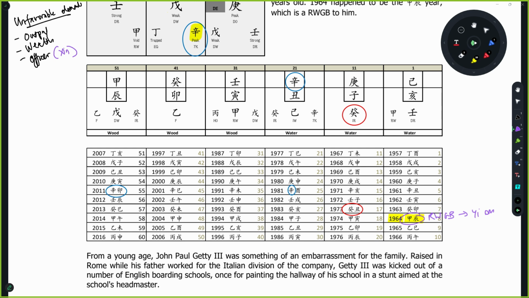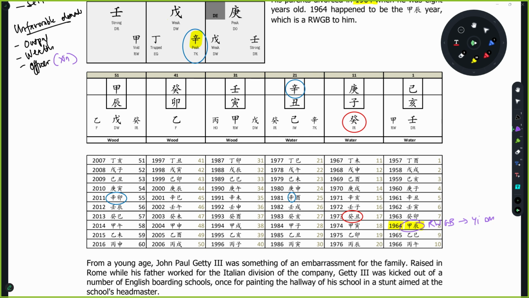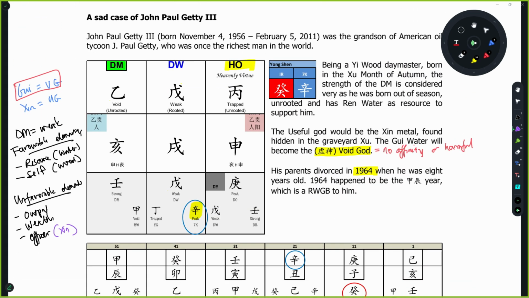And so the Rockwell good blade is one of the worst years amongst the 60 years. I mean, we have Fan Yin, we have Fu Yin, we have Rockwell good blade. These three are harmful pillars to the day master. And so the Rockwell good blade pillar on the dragon year is a year where the parents divorce. So for an 8-year-old, that would be quite dramatic and quite traumatic for this young boy here.